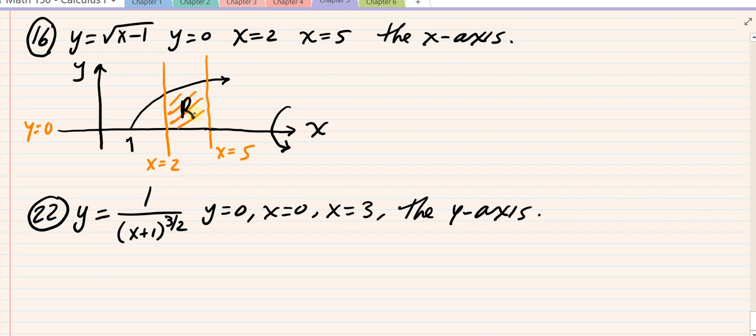So for this one, if I use discs that go in this direction, dy, and I revolve these about the x-axis, it's not going to be the same solid as if you revolve disks that go in a vertical direction, right?